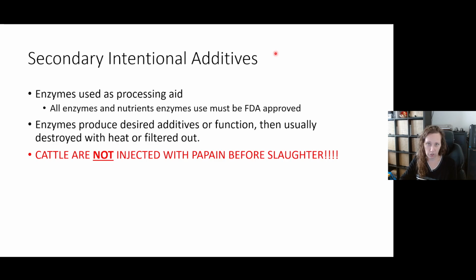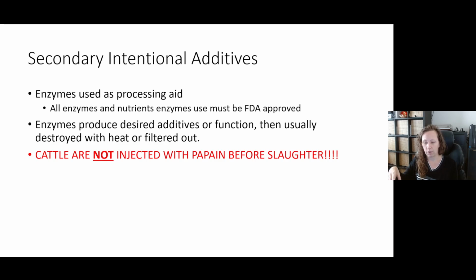However, this never took off as a common practice, and it is most definitely not done today. It is technically legal and has been approved by USDA, but it's not done in actuality. And if it were, it would have to be on the label.